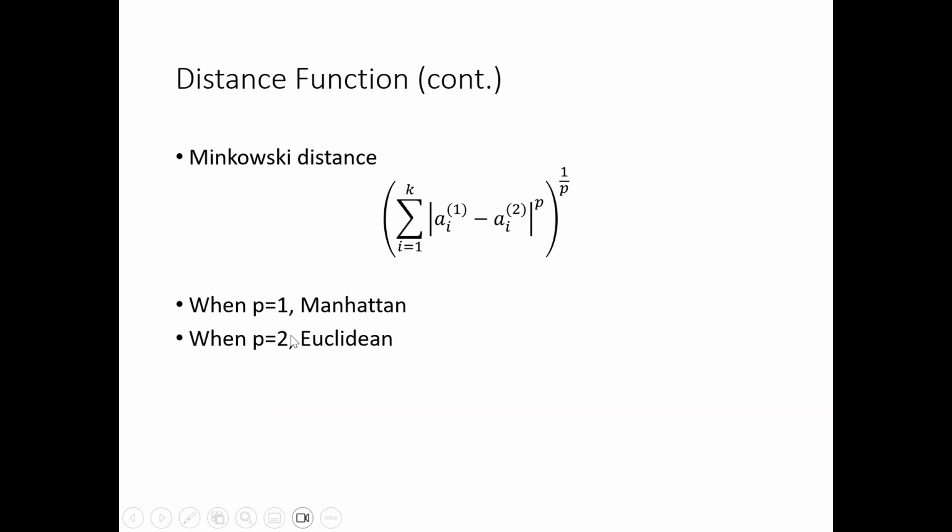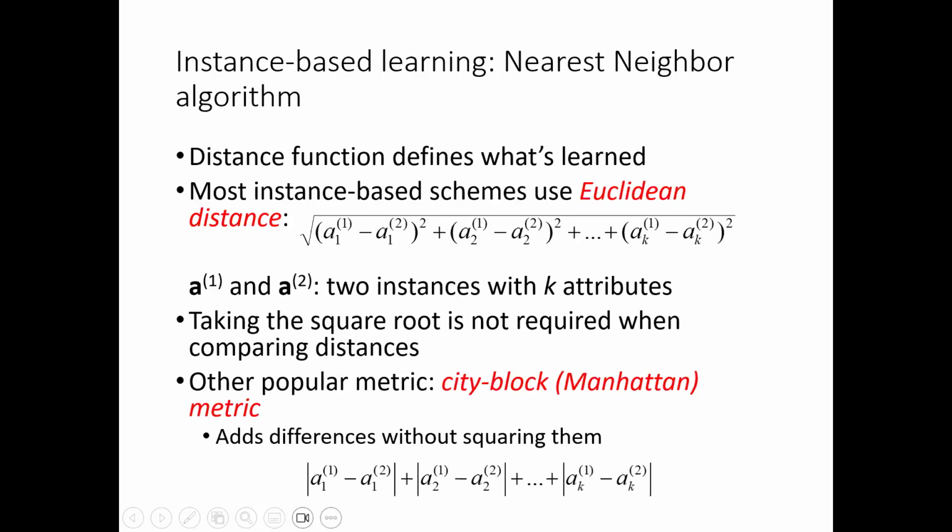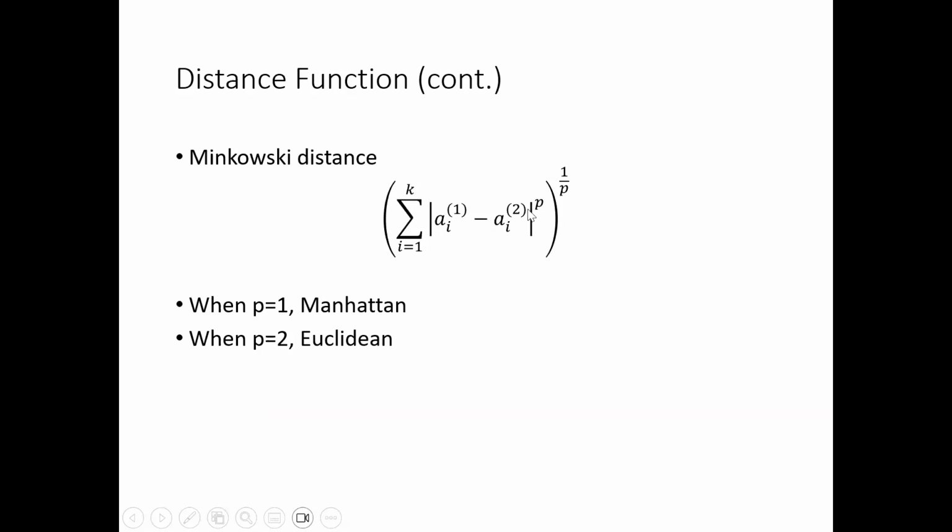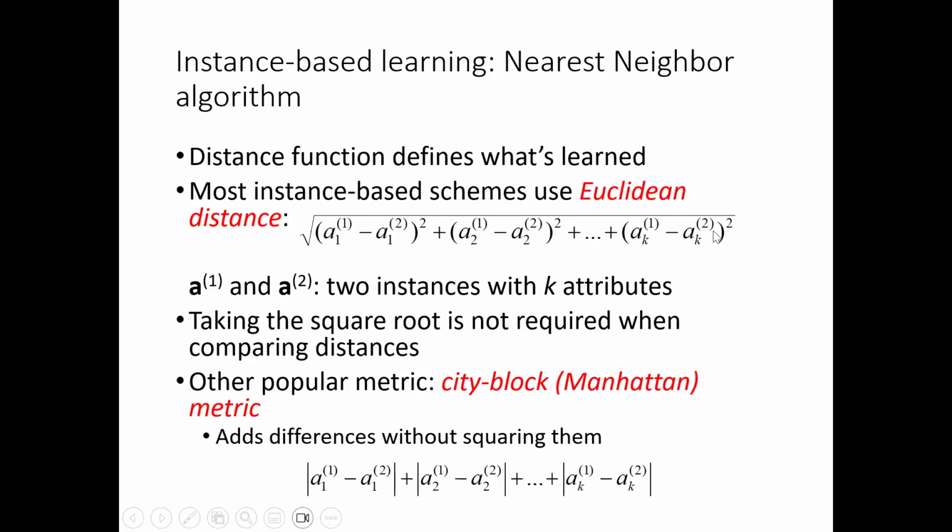If you assign P to 1, it is the same as the Manhattan distance metric or city block distance metric. If you put 2 here, it simply becomes the Euclidean distance.